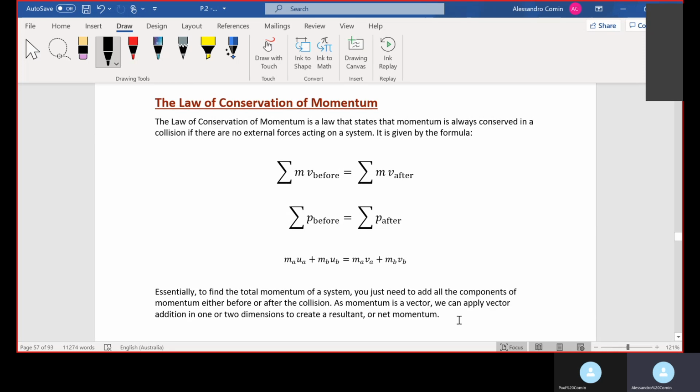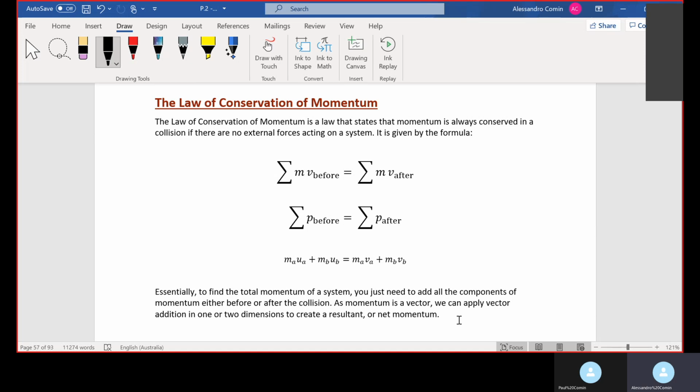The most common questions regarding momentum that you will see in this module are conservation of momentum questions. And what are conservation of momentum questions? Well, they're essentially questions where, say, object A collides with object B, what would be the velocity of object B after the collision?